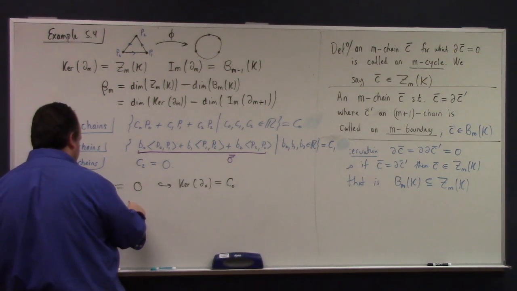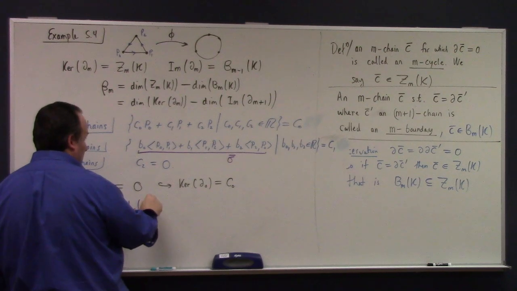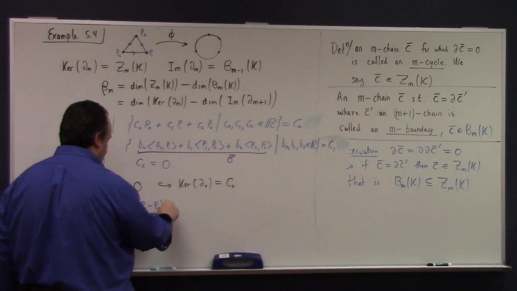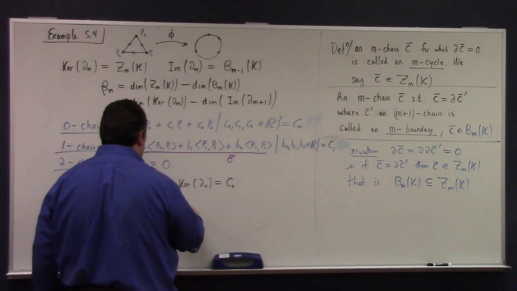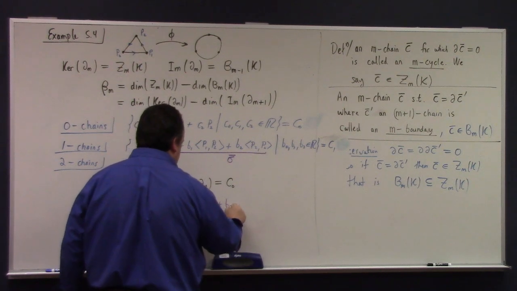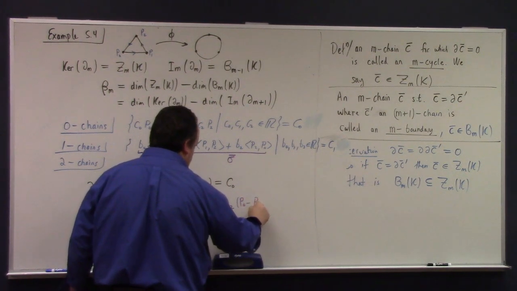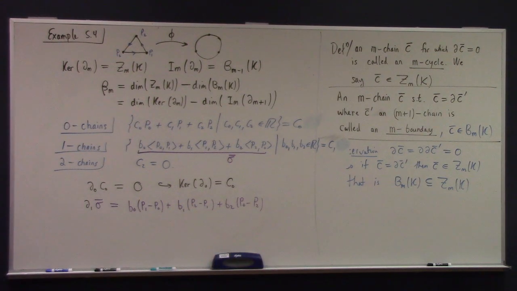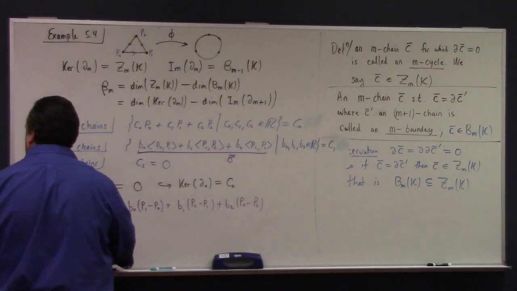We got b0 times P1 minus P0, plus b1 times P2 minus P1, plus b2 times P0 minus P2. Are you guys with me?